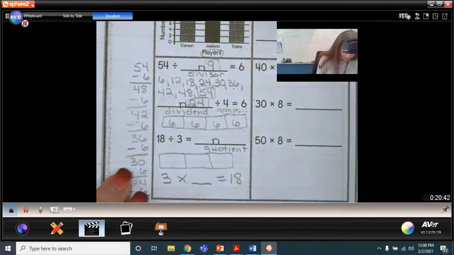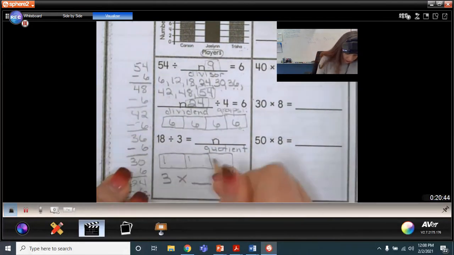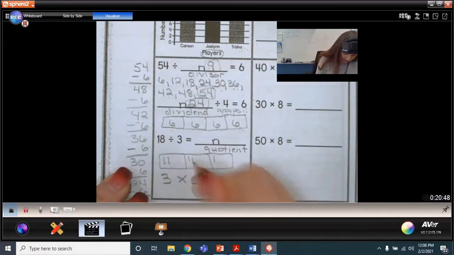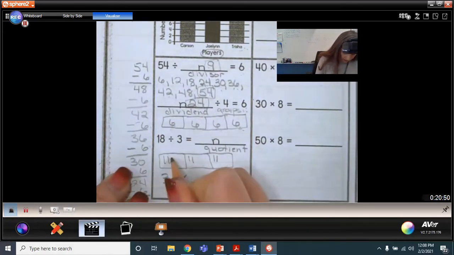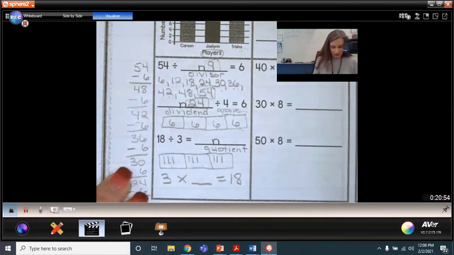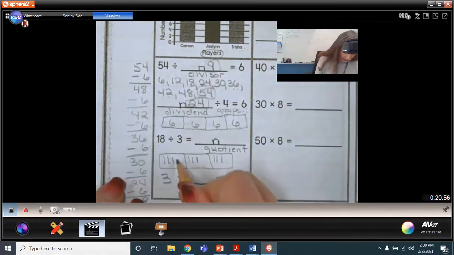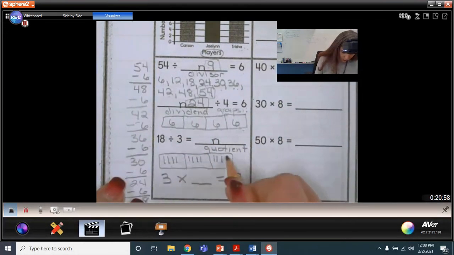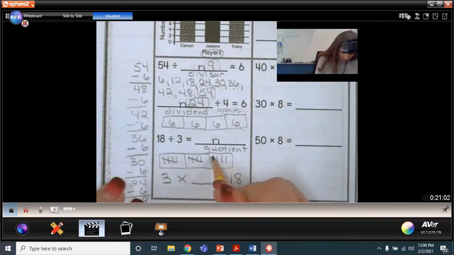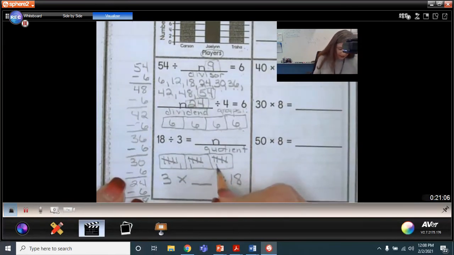So let's see. 1, 2, 3. There's 3 tally marks. 4, 5, 6, 7, 8, 9. Not quite there yet. I have to reach 18. 10, 11, 12, 13, 14, 15, 16, 17, and finally 18.